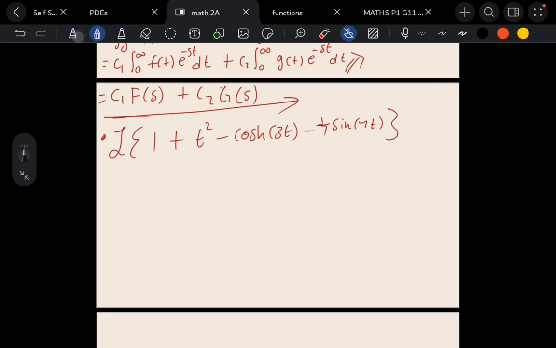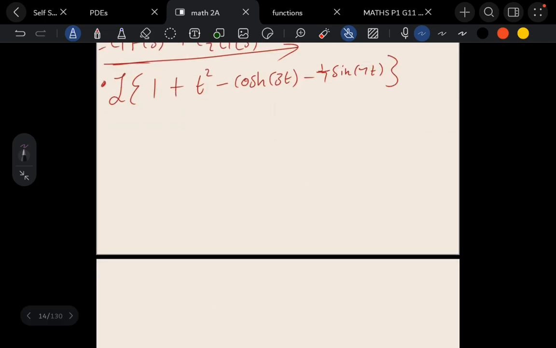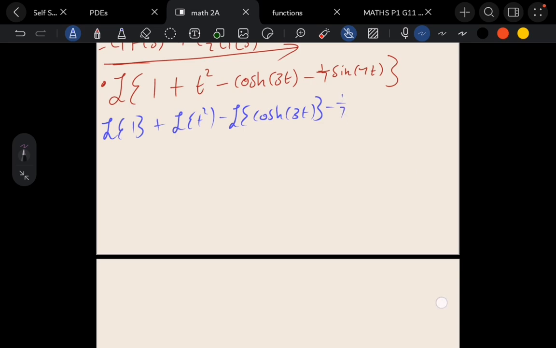So what we can do is find the Laplace transform of each of these functions: the Laplace transform of 1 plus the Laplace transform of t squared minus the Laplace transform of cos 3t minus 1 over 7 the Laplace transform of sine 7t.